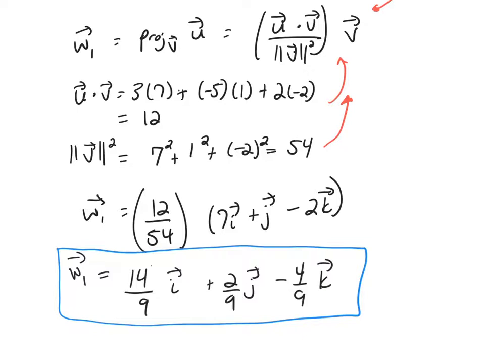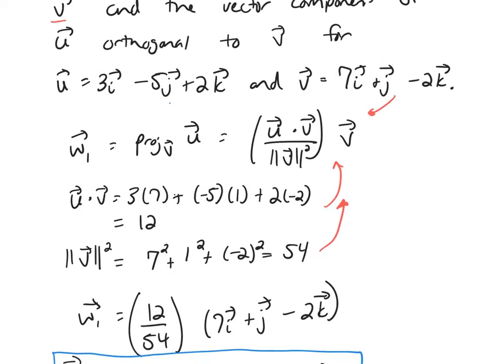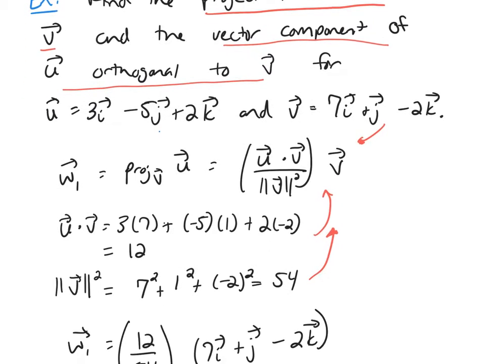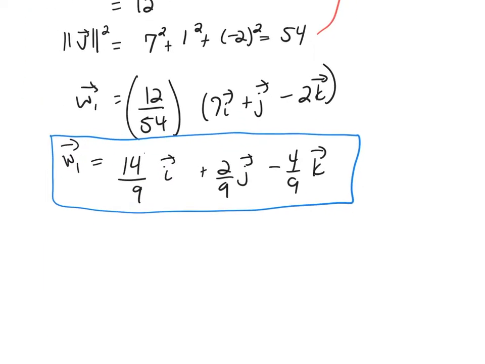Now, I was also asked to find, if we go back to the question, the vector component orthogonal to v. So it's asking me to find that vector W2, but remember W2 is just u minus W1.